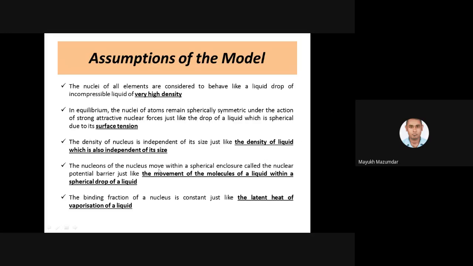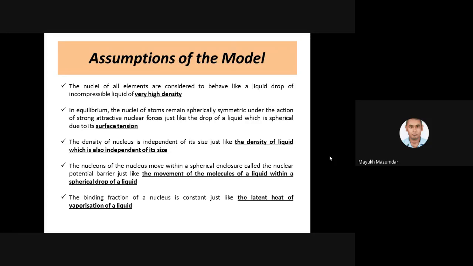Liquids don't have size, they have volume. If I have 1 liter of water at 4 degrees Celsius and you have 1 gallon of water at 4 degrees Celsius, obviously the density of water in both cases is 1 gram per cc. So that's also a plausible thing to assume.